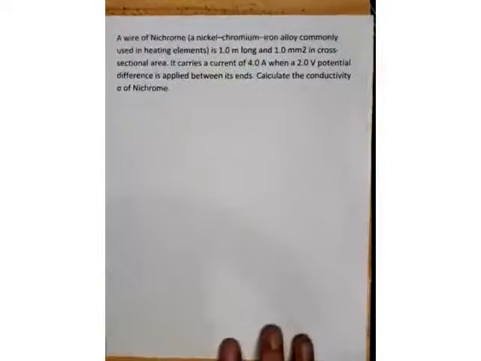So, a wire of nichrome, ayan, is 1 meter long and 1 millimeter squared in cross-sectional area. If it carries a current of 4 amperes when a voltage of 2 volts is applied between its ends, calculate the conductivity of nichrome.